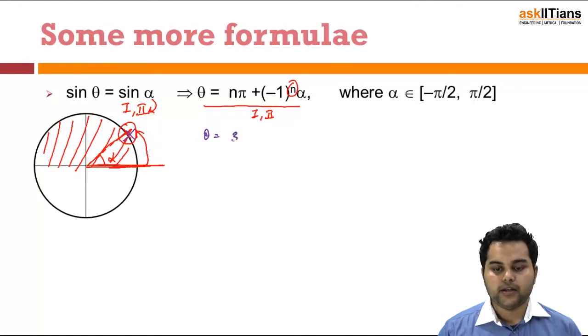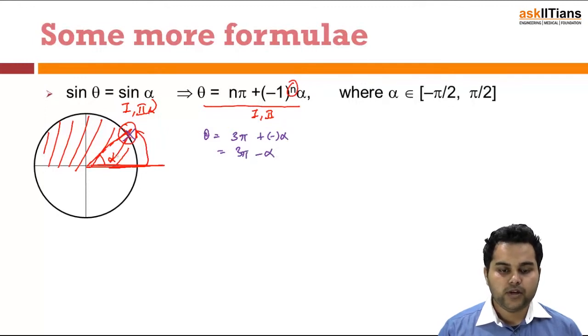Now if I take an odd value, let theta be 3 pi, so 3 pi plus minus 1 raised to 3 is minus 1 of alpha, so that would be 3 pi minus alpha. Now to plot 3 pi minus alpha, I would start from 0, that is 2 pi, first circle complete, then one more pi, so now I have reached 3 pi.